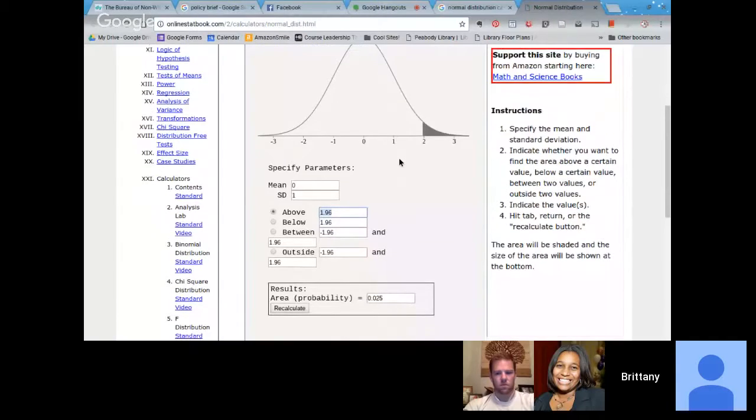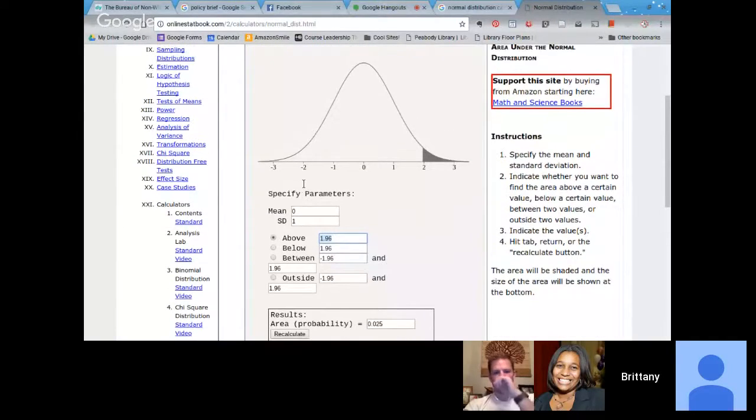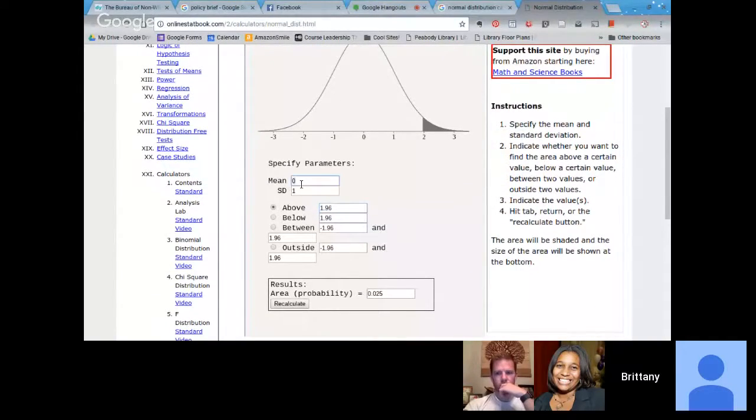So what we have here, on this calculator, we can type in a value for our mean and our standard deviation, maybe of 500. And this one in particular lets us select whether we want to know above, below, or in between. So what's the difference?